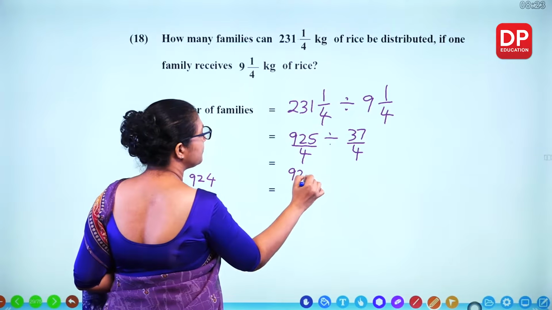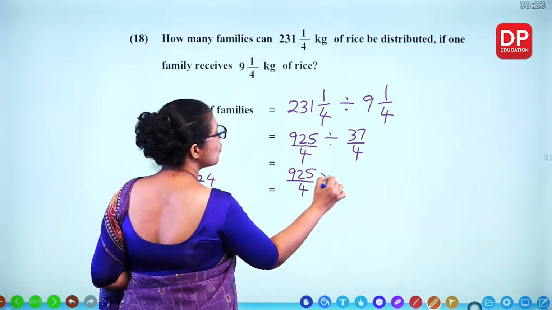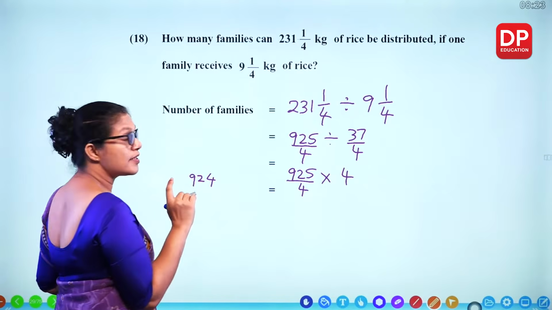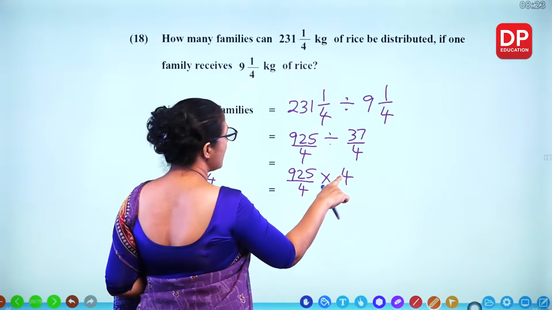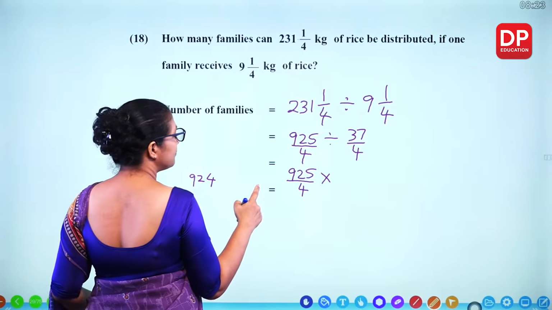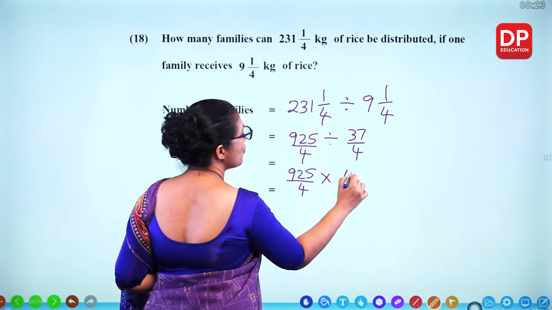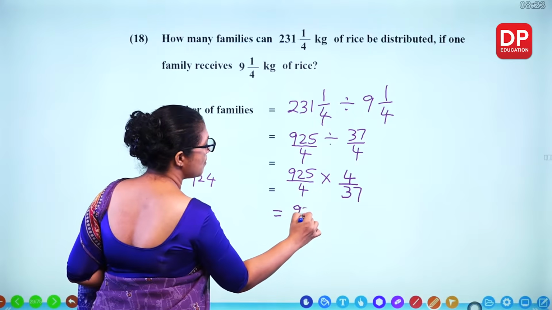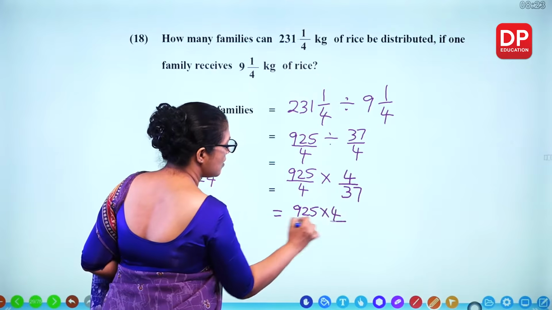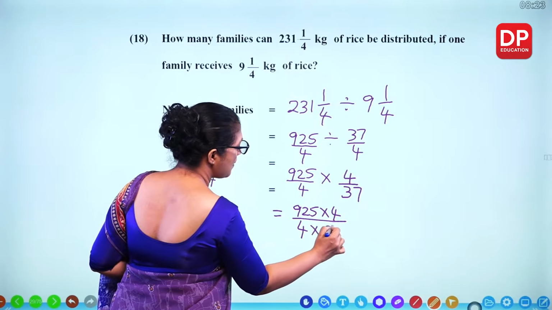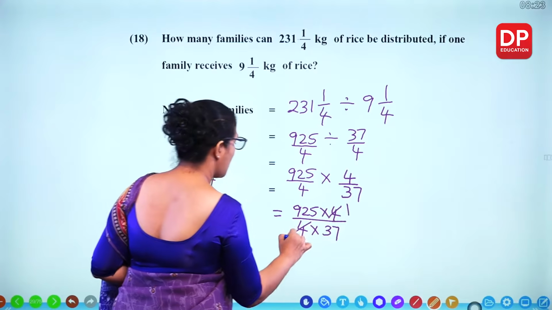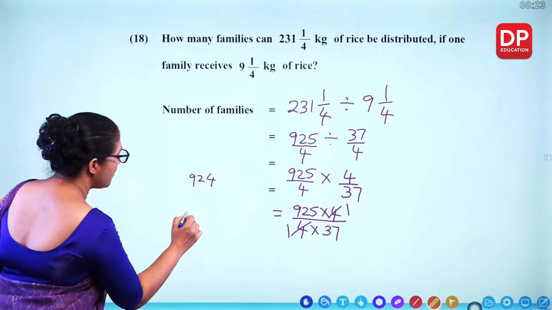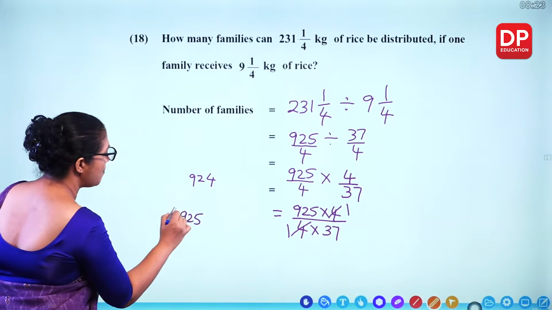Now convert this to reciprocal, 4/37. Now multiply the numerator separately, denominator separately, and simplify. 4 gets cancelled out. So we'll divide 925 divided by 37.